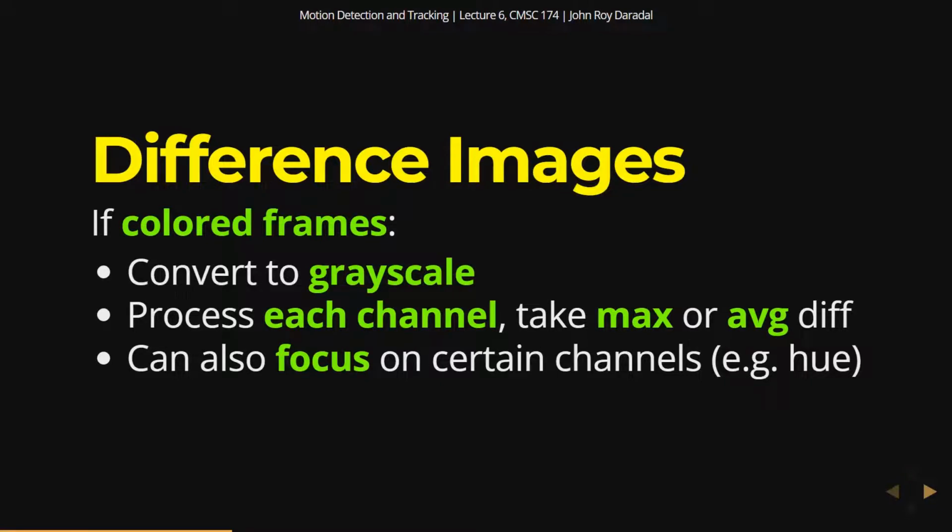That's also possible. Just consider this because if you go for the difference right away without converting to grayscale first, you will get a difference image that still has 3 channels, and you can't use that for the mask. The mask has to be a single channel image, a grayscale image. So that's something you need to consider.